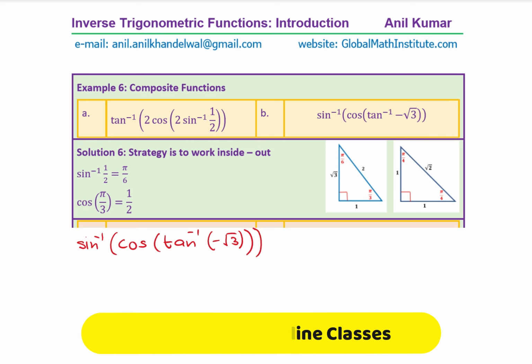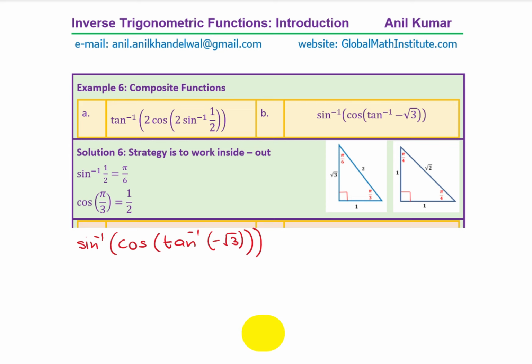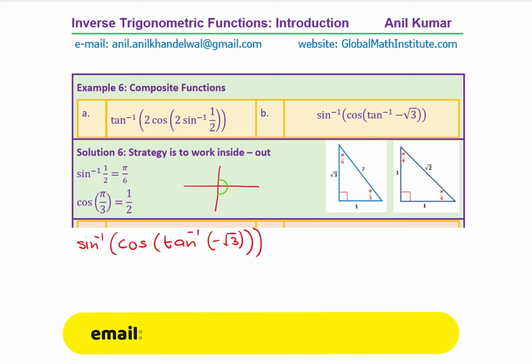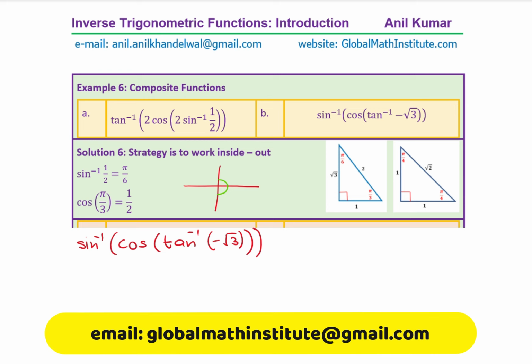Now, when we are saying minus, that means we are talking about quadrant 4, since for tan inverse we always look into minus pi by 2 to pi by 2. So this happens for pi by 3, where the angle is minus pi by 3. So that is the value.